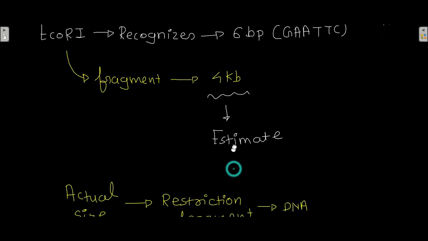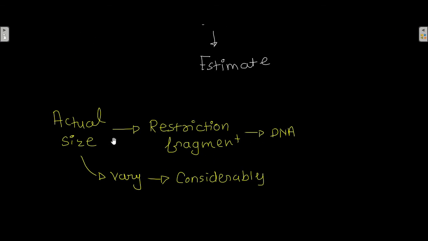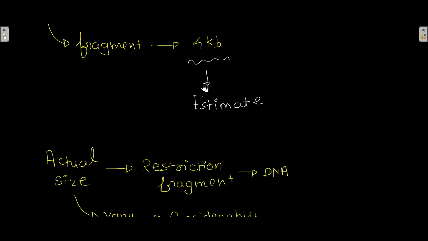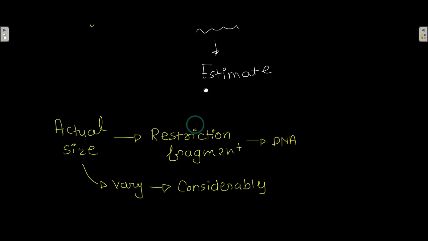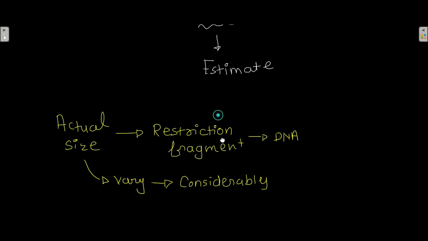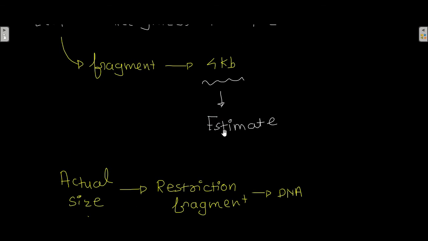The actual size of the restriction fragments produced by the digestion of a particular DNA molecule with a particular restriction enzyme varies considerably. It is not that a 4 kb fragment will always be produced. In practice, it varies a lot. Now, for example, HindIII.